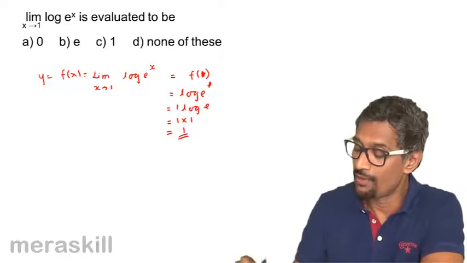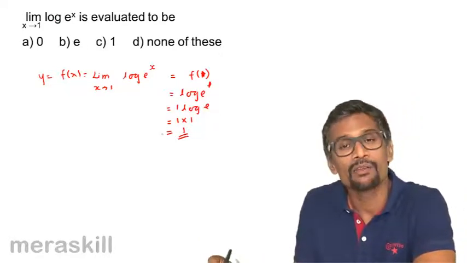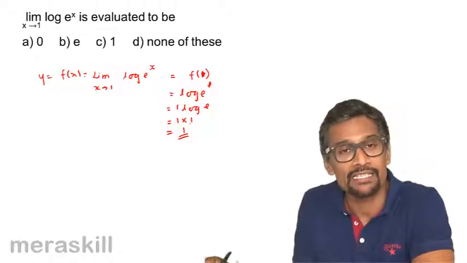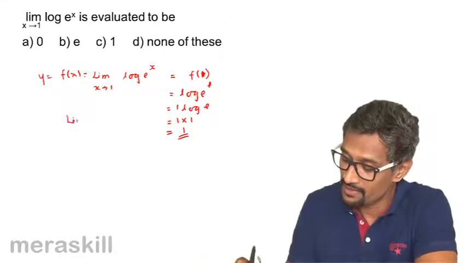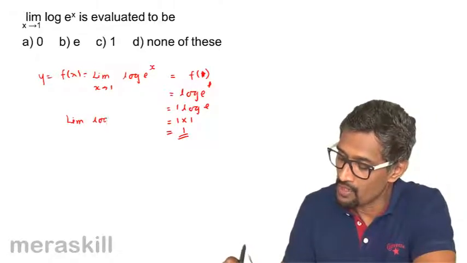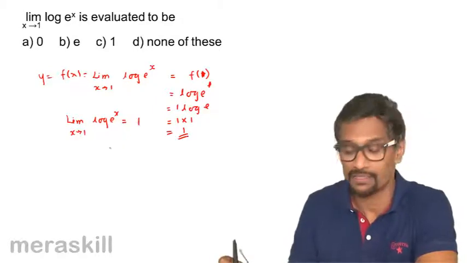So the value of this particular function when x is equal to 1 is 1. So the limit of that function as x approaches 1 is also 1. So we write it this way, the limit of log e raised to x as x approaches 1 is 1 itself.